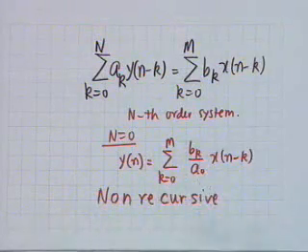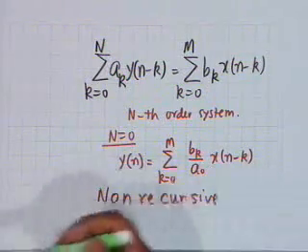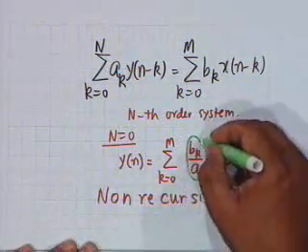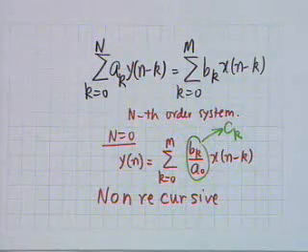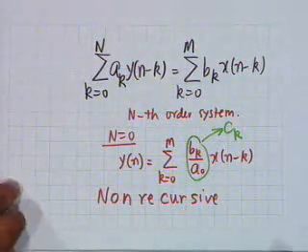Another adjective that is given to such a system will be obvious if we write b_k by a0, let's say, as c_k.